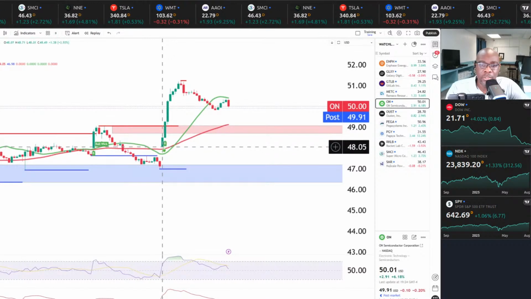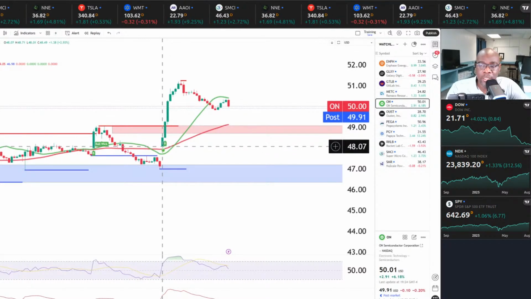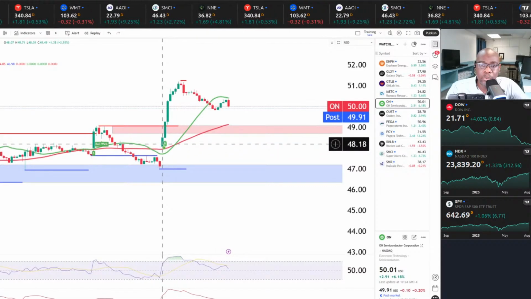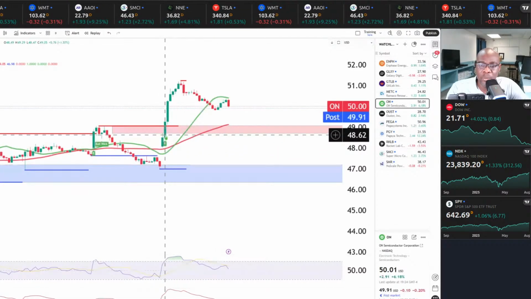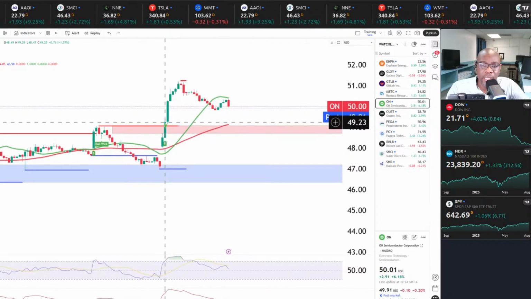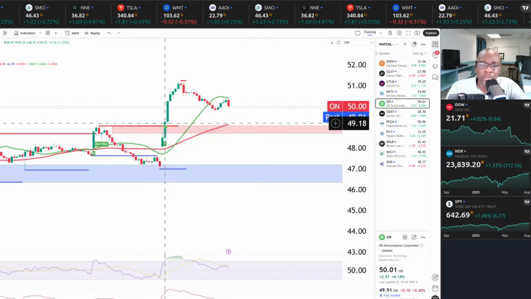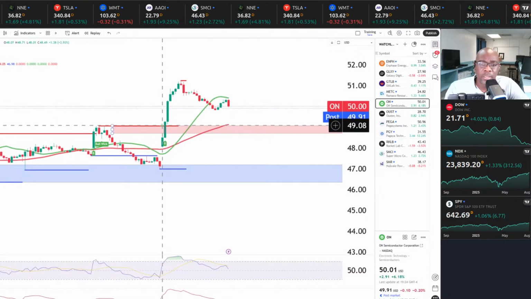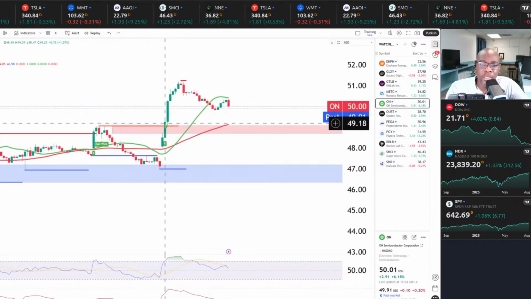The stock price opened up here at $48.07. By 9:45, this candlestick ended at 10 o'clock. So at 10 o'clock, it broke above this area of resistance.